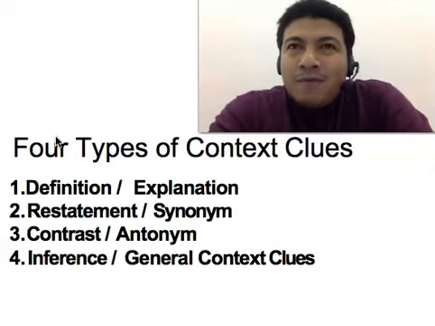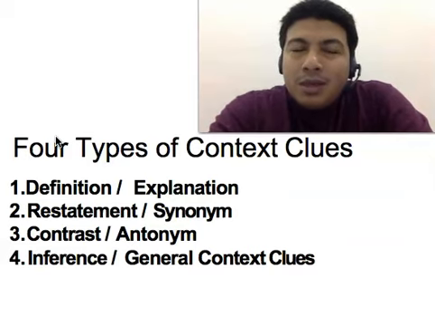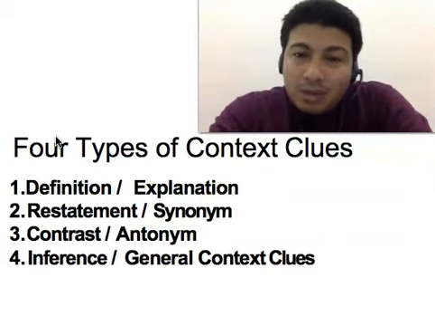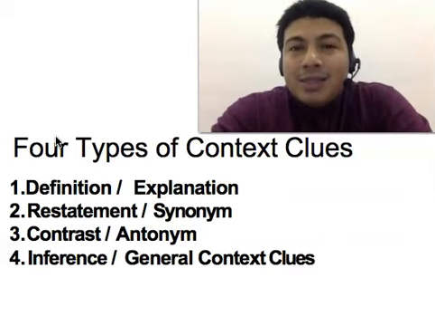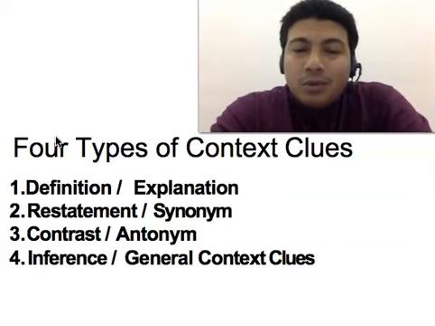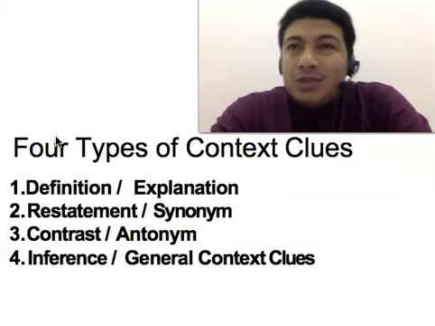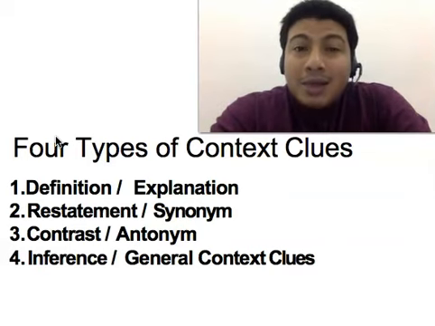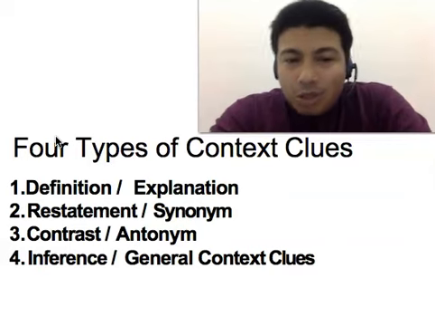If there is a difficult word, there could be a synonym, a word with a similar meaning to the difficult word, in the same sentence or the same paragraph, where you can guess the meaning of the difficult word. The same goes for antonym. There could be a word that is just the opposite of the difficult word that would help you guess the meaning of the difficult word without going to the dictionary.